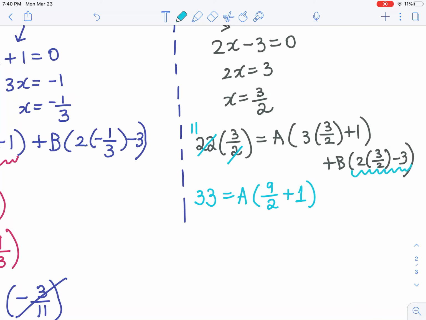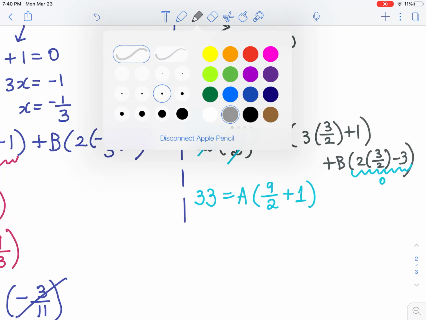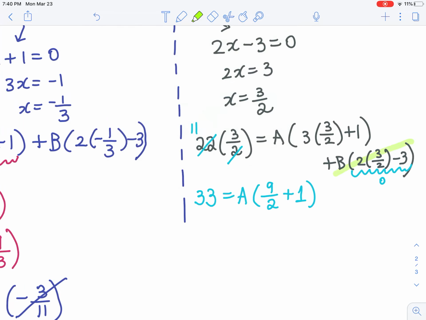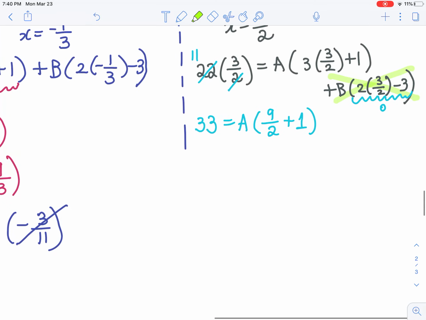And tell me what happened to this right here. That just turns into 0, right? So b times 0 just cancels out. That's going to be gone. Therefore, I just need to solve this for a.